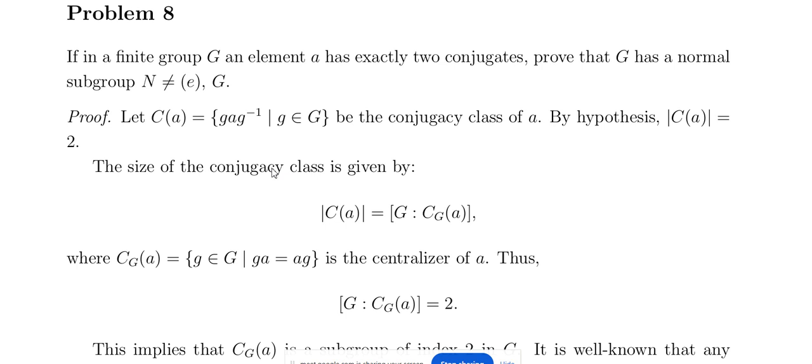This is another result. In a finite group G, an element A has exactly 2 conjugates.